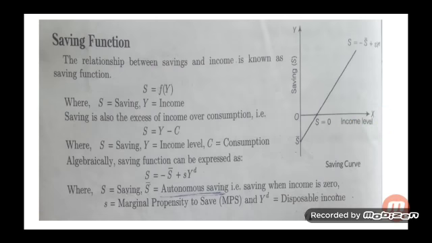Because consumption is there even when there is no income. And the point where S is equal to 0 is a break-even point. And after that, when the saving line slopes upward above the x-axis, it means that savings are there.